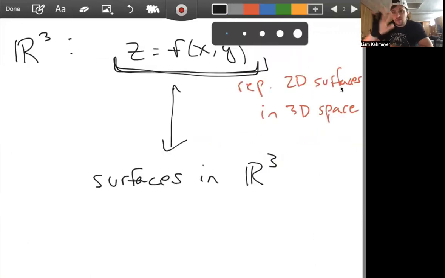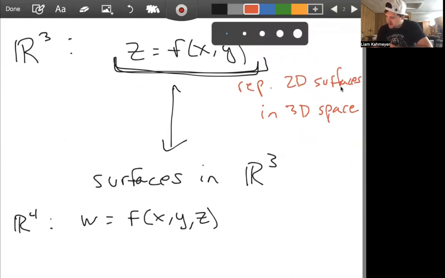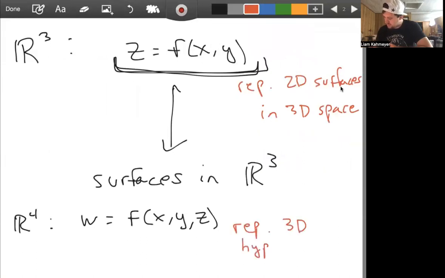Functions describe a set of points as a subspace of the ambient space that you're working in. So if you were looking at R4, we would have, let's say, w equals f of x, y, z. This represents a 3D object, what we call a hypersurface, in 4D space.